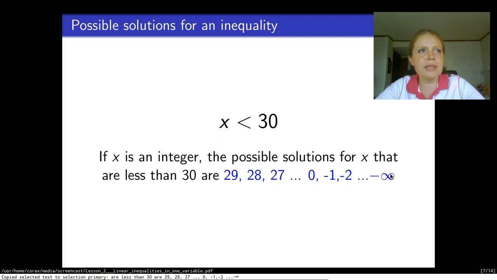Negative million, -5 billion is also a solution for this inequality because negative billion is also less than 30. This sign means negative infinity. These are actually, I would say, very small numbers. Negative billions, millions, they are really small numbers.